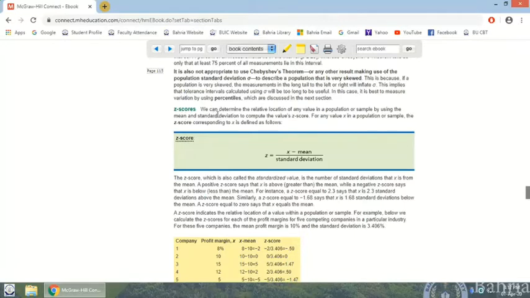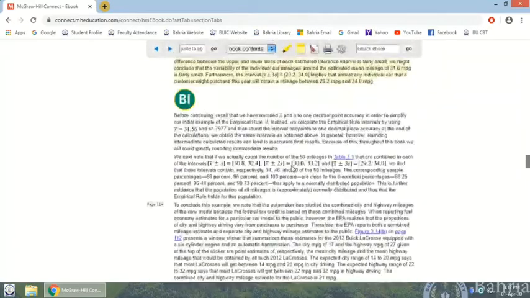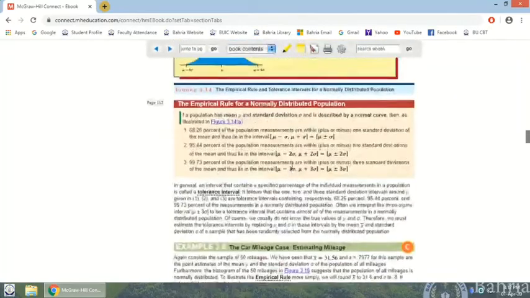They give an idea about the relative location of any value in a population or sample by using the mean and standard deviation. We do know from the standard deviation formula that we have x minus x bar, then whole square over n, and then a summation here. You can revisit this formula if you get confused.